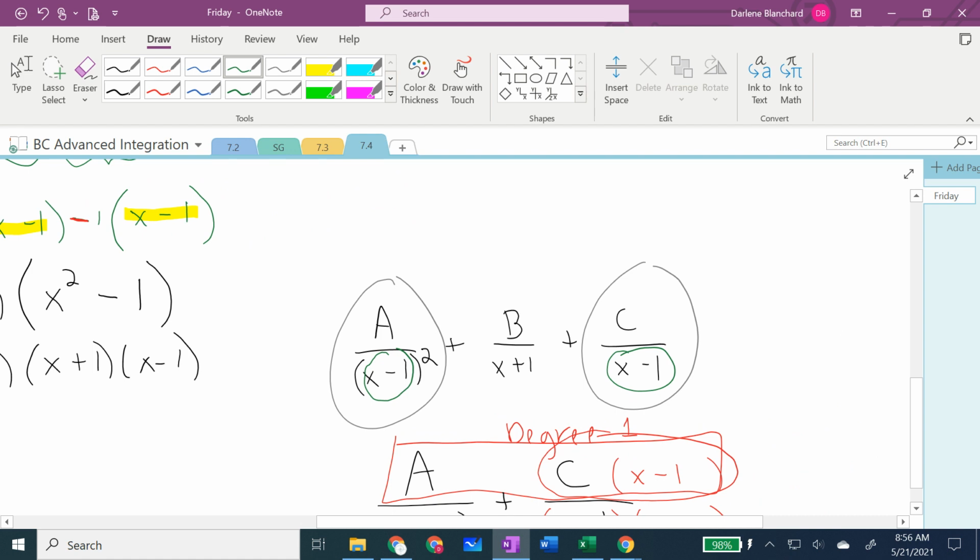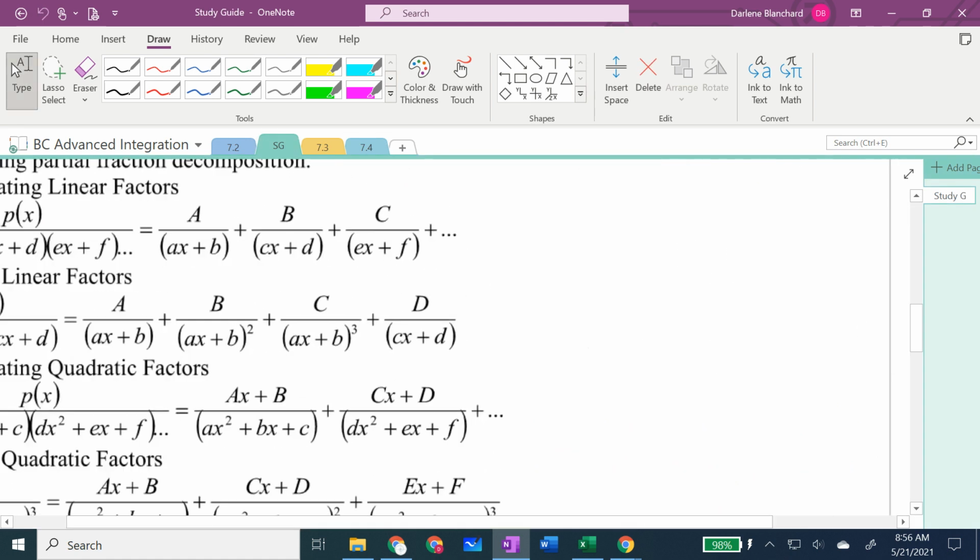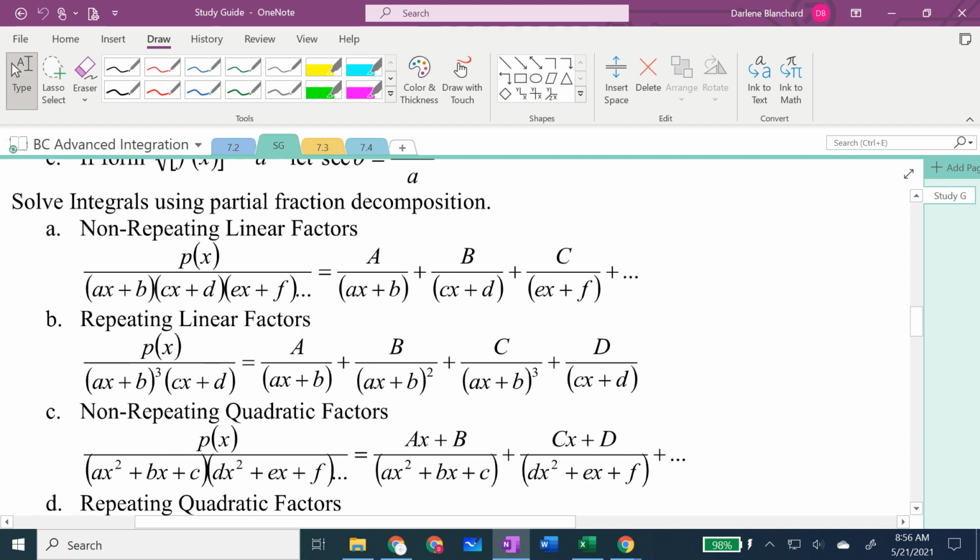And I'm going to go back over to where I've shared this document. So this part A is looking at if each factor is distinct from the other, and they are all linear.